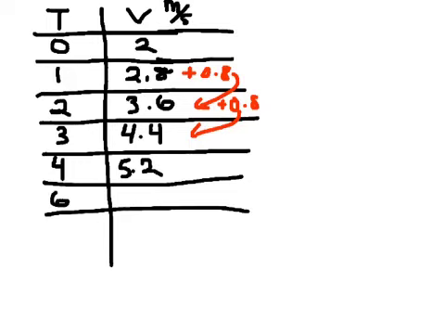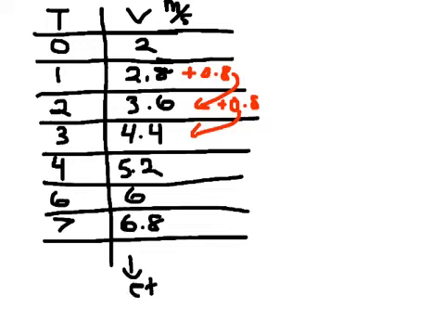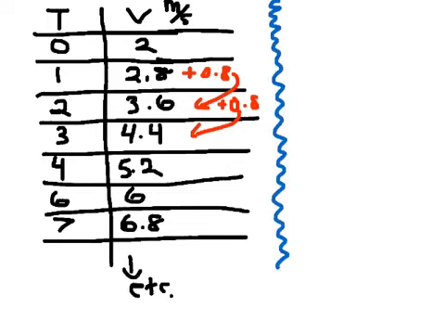At 6 seconds, it's 6 meters per second. At 7 seconds, it's 6.8 meters per second, etc. So that's what that actually would look like. That's acceleration. Every 1 second, I'm gaining 0.8 meters per second in my velocity.